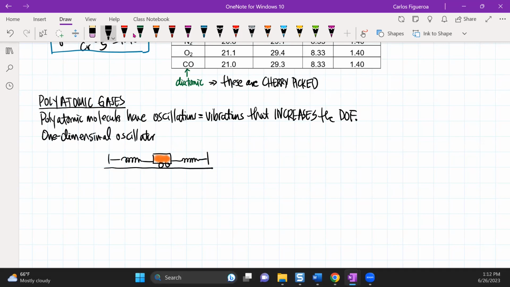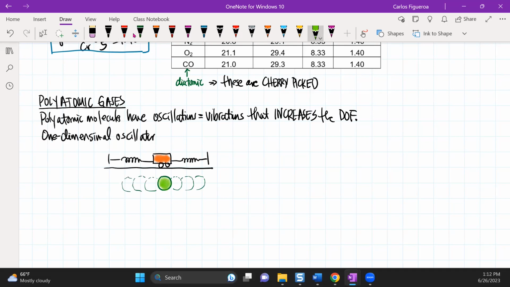As soon as I displace this cart, it's going to oscillate back and forth. Molecules can do the exact same thing. So I imagine that I have a molecule right here, and the most probable location is at the equilibrium point.